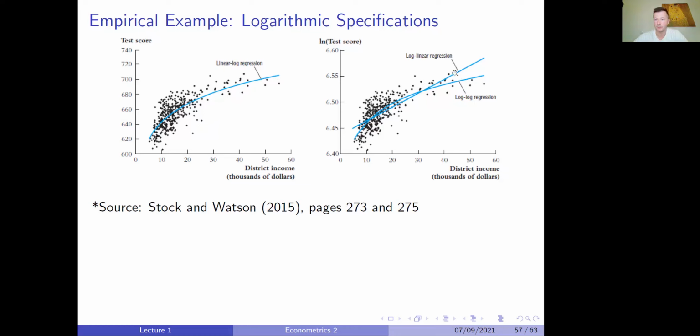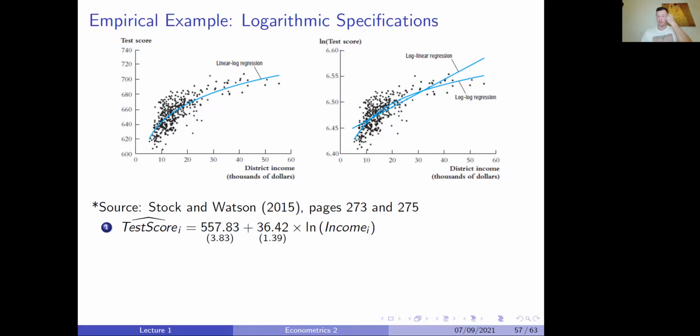When we have a log-linear regression, on the vertical axis we have the log of test score, and we have a linear relationship between district income and test score here, which does not fit very much. And for the log-log regression, we have this curve, which fits the data very nicely. So both linear-log regression and log-log regression are appropriate to model this relationship between district income and the test score.